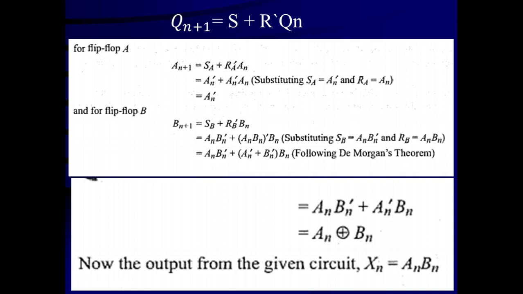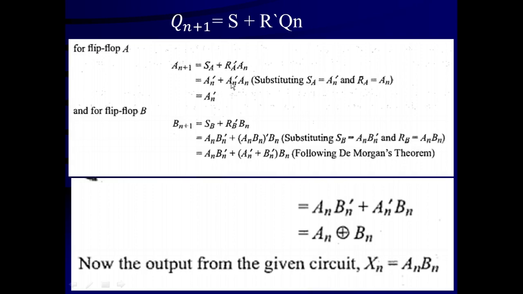For flip-flop A, the next state output An plus 1 is equal to SA plus RA dash An. Now, what is RA dash? We can substitute the values of SA and RA in terms of the outputs. That means substituting SA equal to An dash and RA equal to An in this equation.